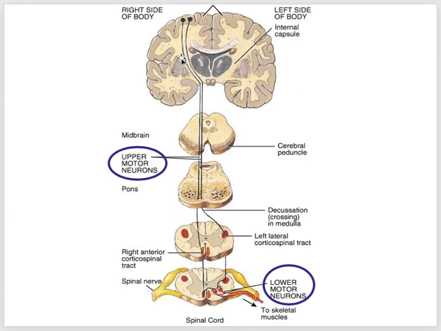Then they pass through the thalamus, caudate nucleus, and go down through the midbrain, pons, and medulla, and then they continue downwards.